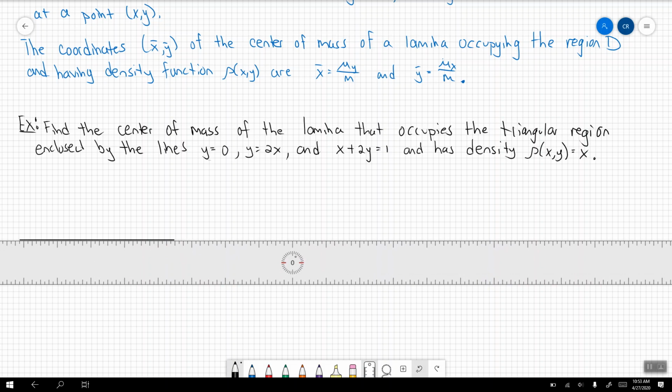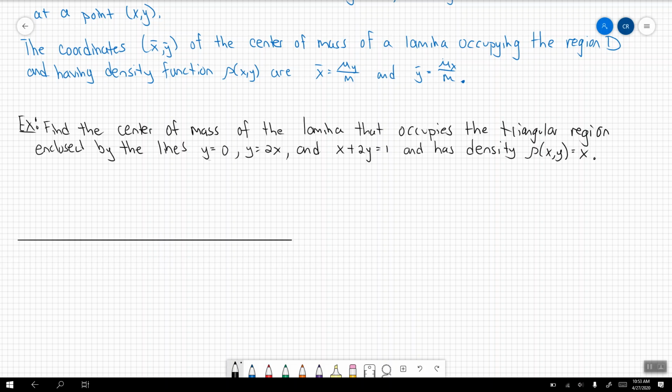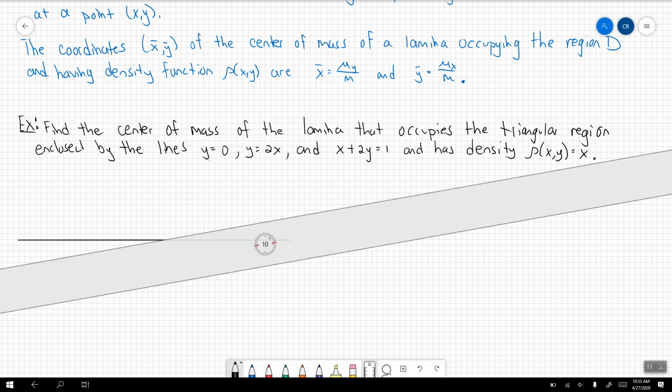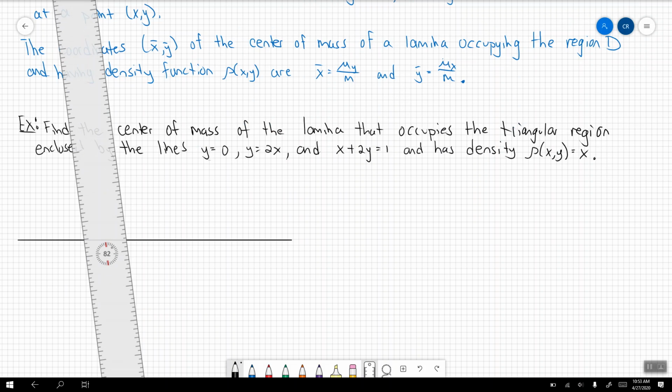There we are. That's a little better. And let's get this going, 90 degrees.